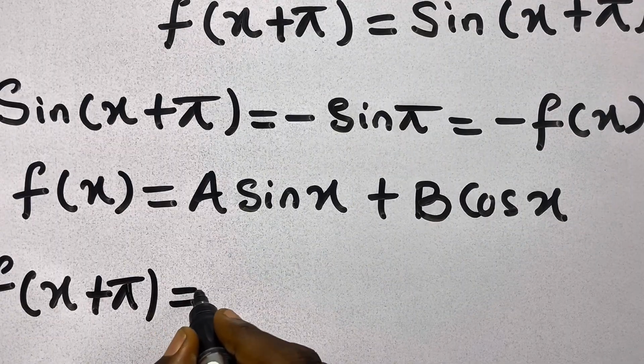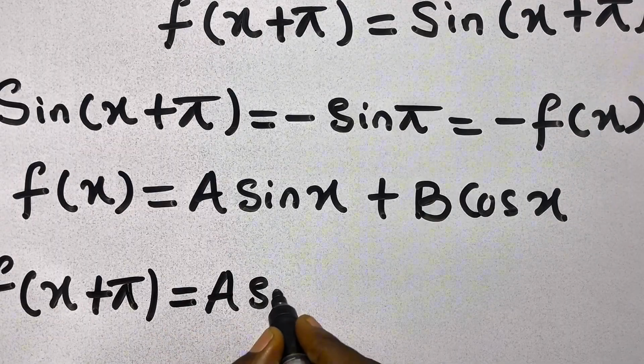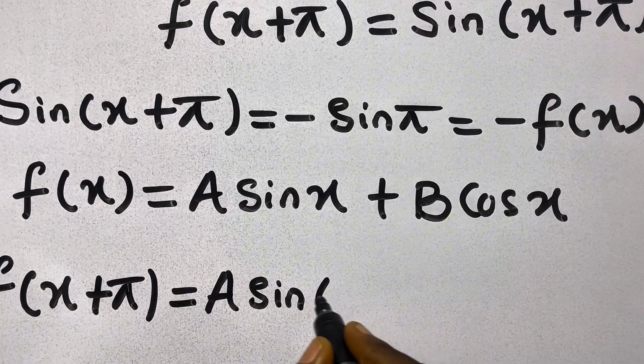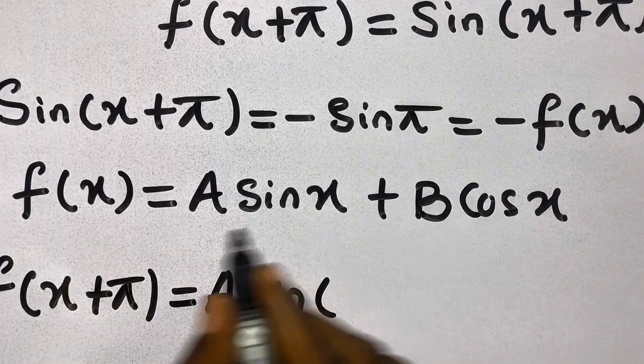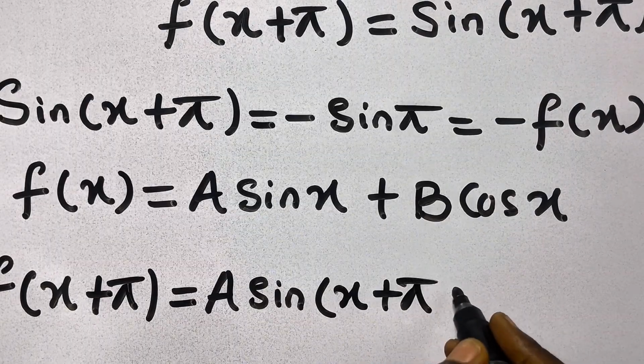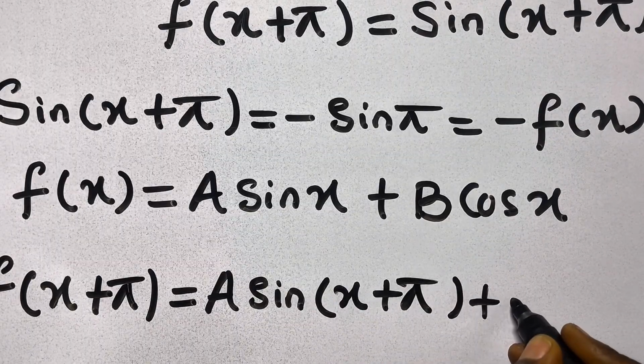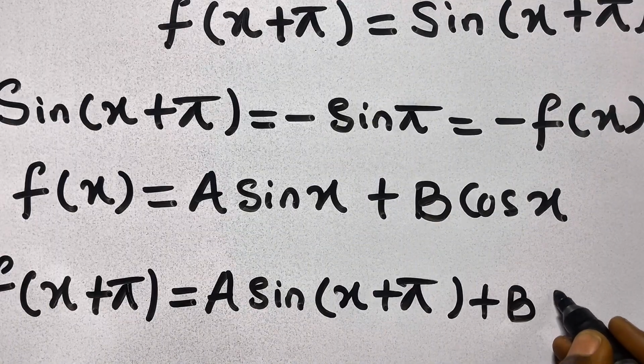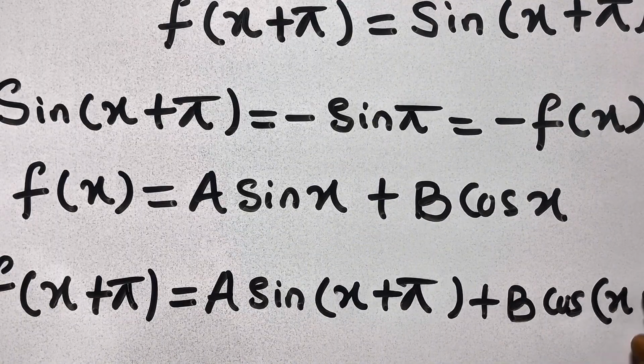So it equals a sine. Instead of x here, we are going to put x plus pi, plus b cos, and we put x plus pi here too.